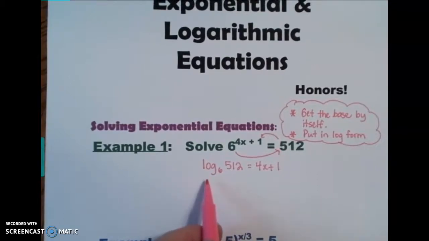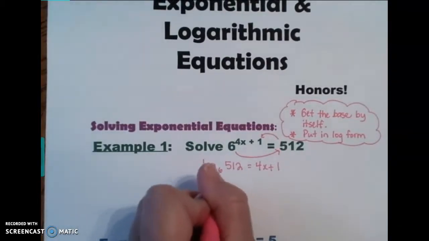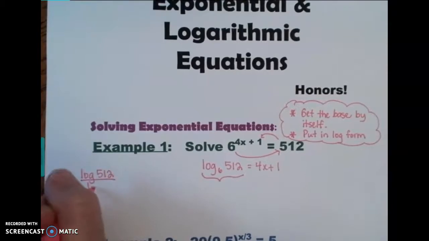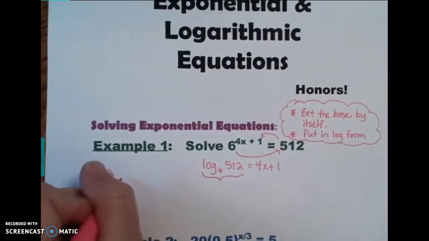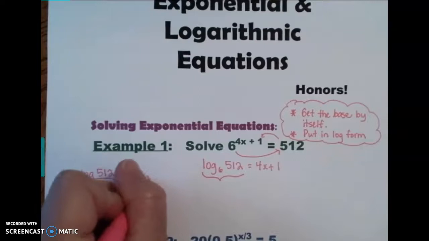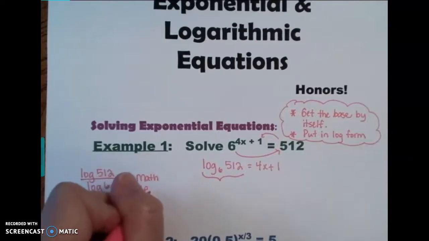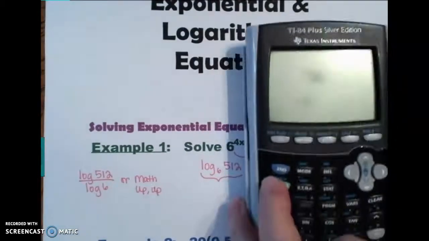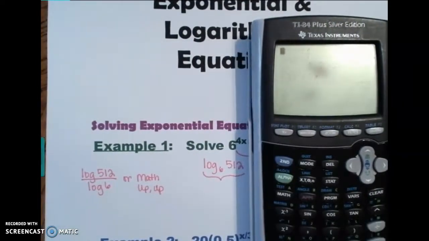So now we can evaluate this side by either doing change of base that we talked about yesterday, or math up in your calculator to get the value of that. So I'm going to do that math up.